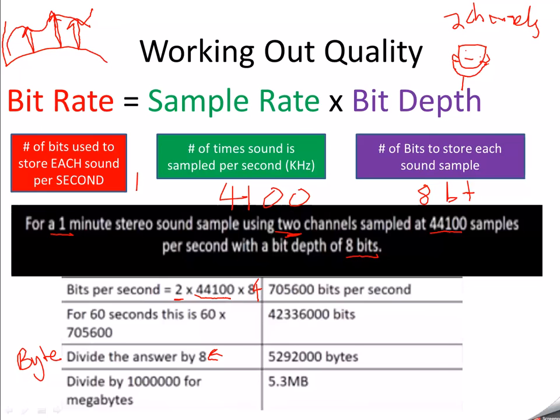What happens if the question said we're using 5 channels? What would you have to change? Correct. That number there. What happens if the question says that we want to convert it from bytes to terabytes? Obviously, we're not going to divide it by that number there.